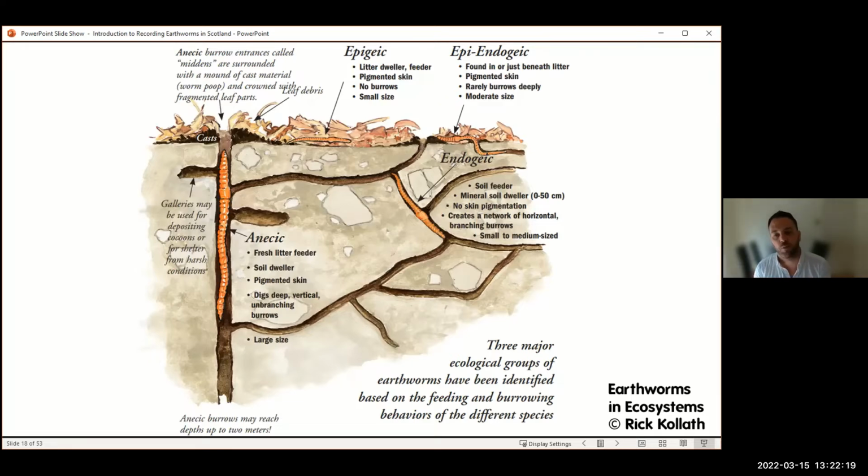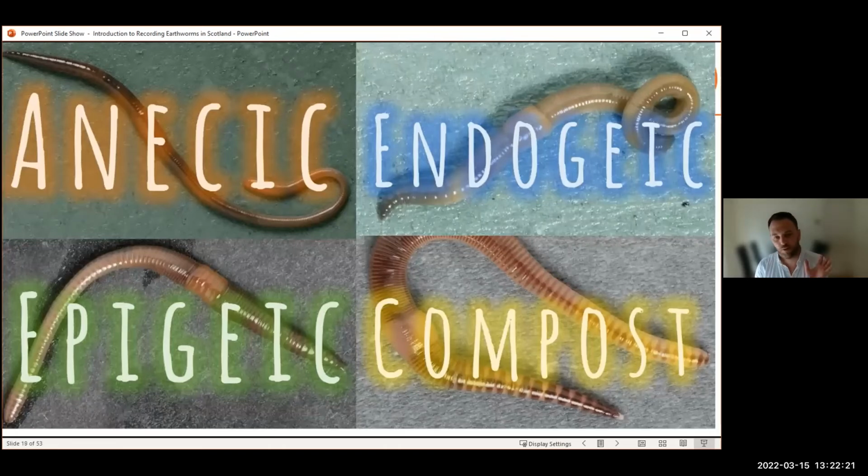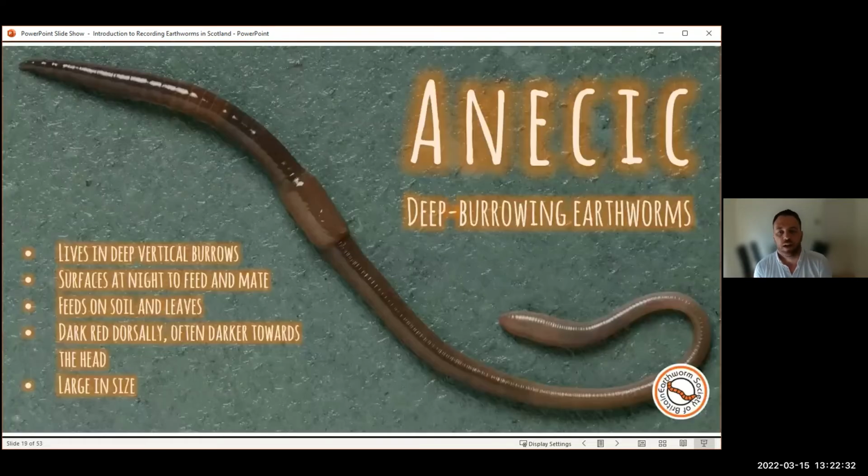So going through them one by one, we've got the Anecic, Endogeic, Epigeic, and we're also going to add in a 4th category, the Compost, which is really a subset of the Epigeics, but we'll separate them out for the purpose of this talk. So starting with the Anecic earthworms, these are the ones that burrow the deepest.